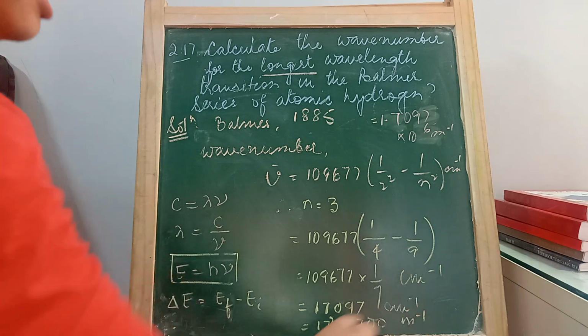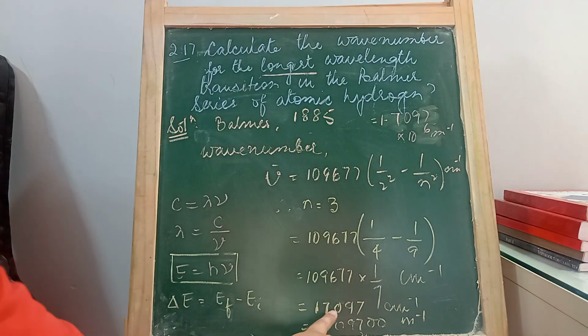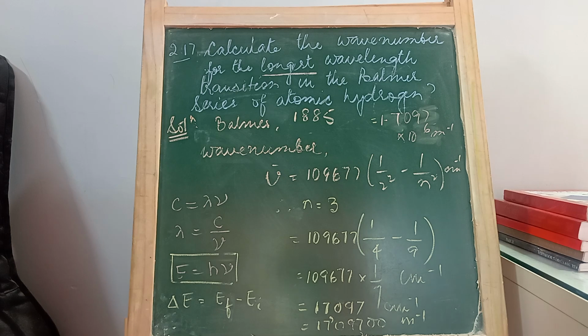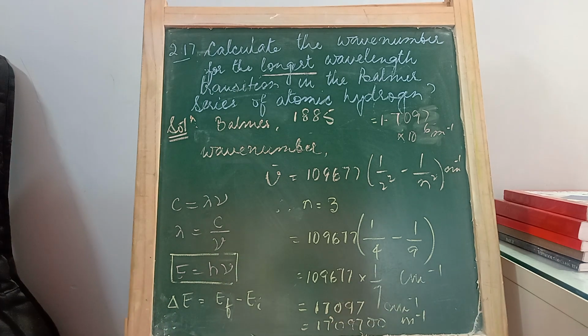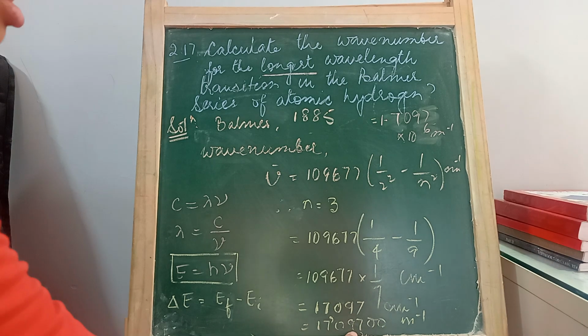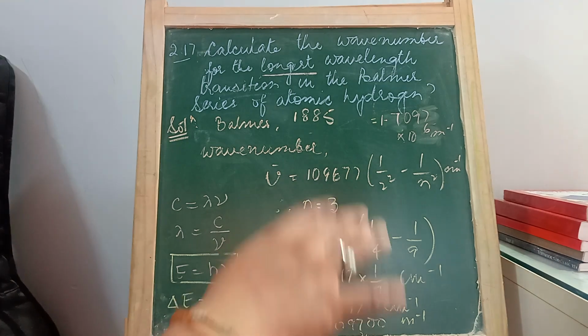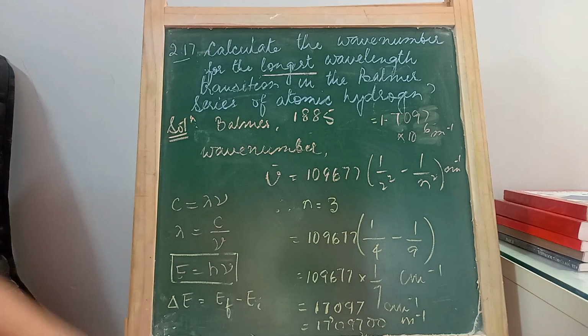So in 1 centimeter there will be that many wavelengths, or in 1 meter there will be more. I added 2 zeros, so it is 17,09,700 wavelengths in 1 meter. I hope you have understood this.